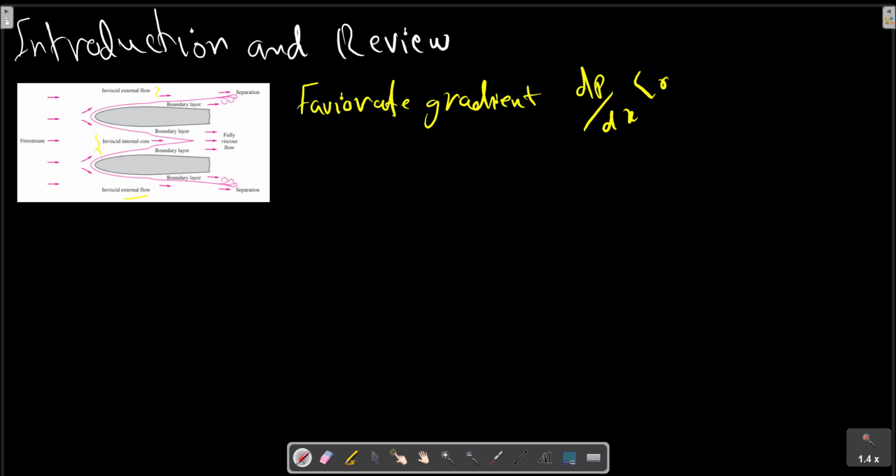Inviscid theory will give excellent results for the outer flow if the Reynolds number is large.